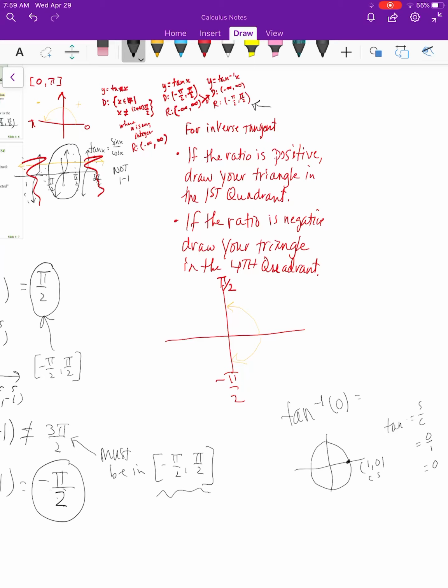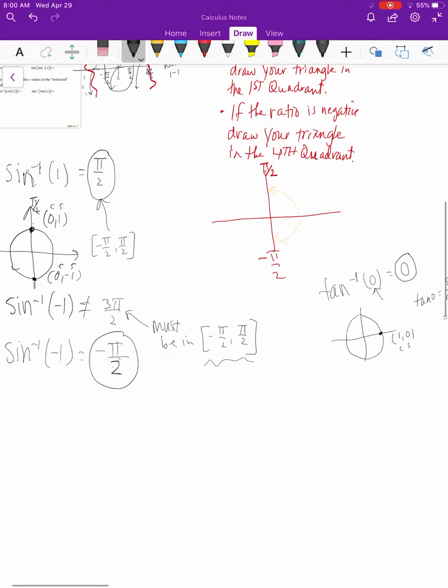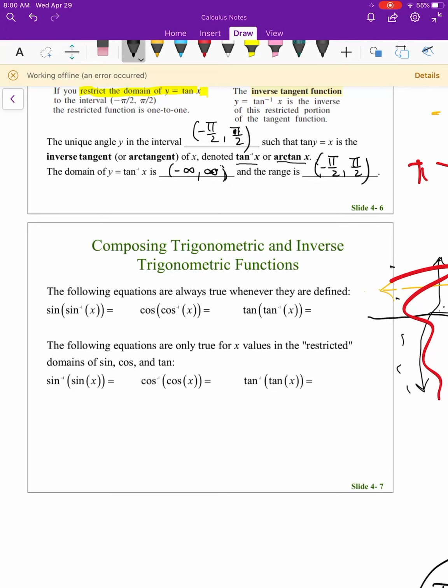So if you're looking for the tangent of 0, that would be sine over cosine, 0 over 1. It's 0. So where would my tangent be 0? At 0. So that would be your answer. So it would be on the axes. You really wouldn't have another one for inverse tangent on the axes. You will for inverse cosine though.